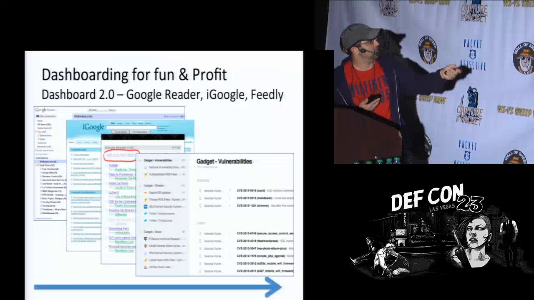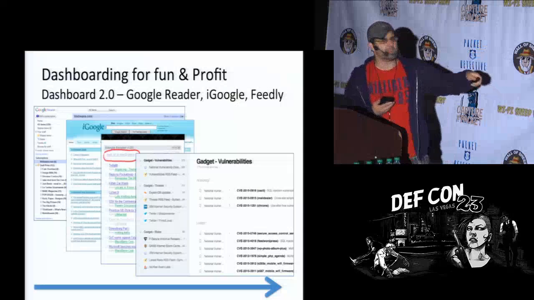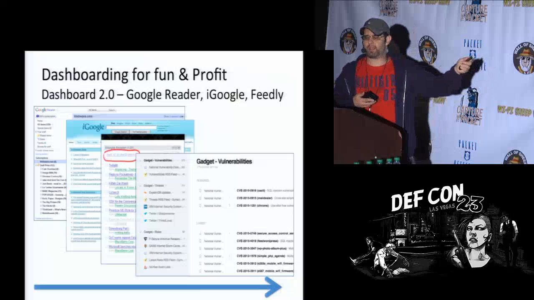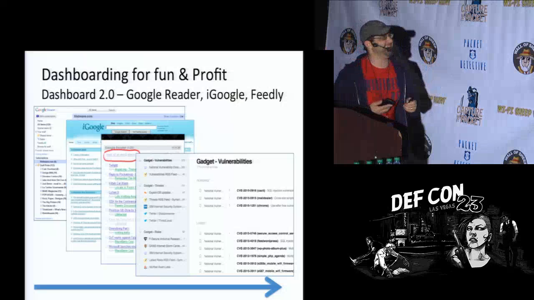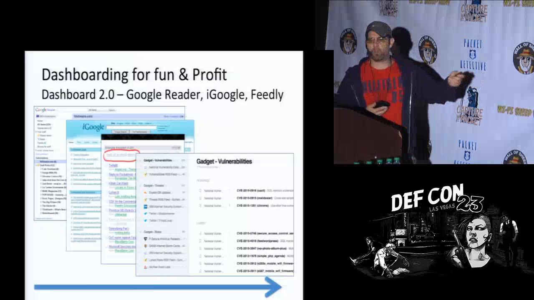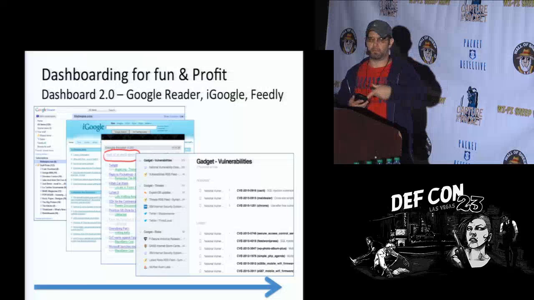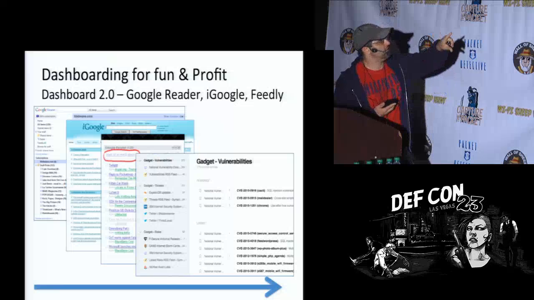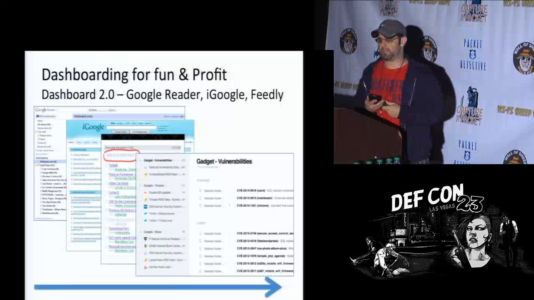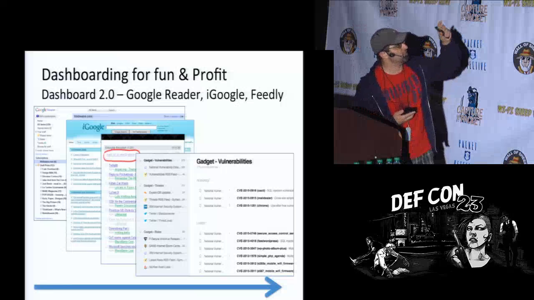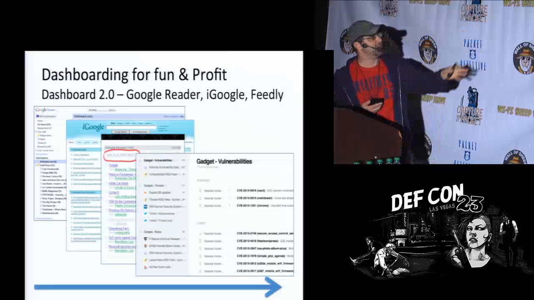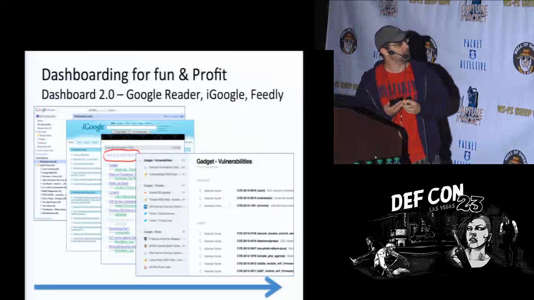You can't see it here because this was a few years back, and I couldn't really recreate what I used to see, but I had one for threat, vulnerability, and then just some situational awareness type stuff, and that allowed me as an analyst to just keep up with things. Eventually, unfortunately, iGoogle went away, so that was really not too great.